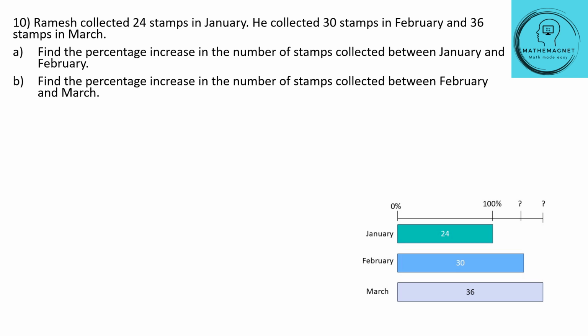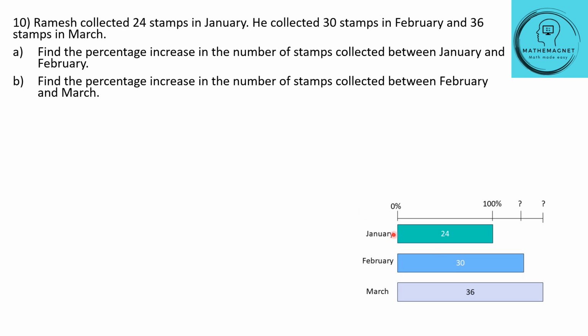Here there are two comparisons. One is between January and February, and second is between February and March. So here January and February, we keep January as 100%, and as there is a percentage increase in February, they are asking us to find how much it is. They have given in January it was 24 stamps, so 100% becomes 24 stamps.